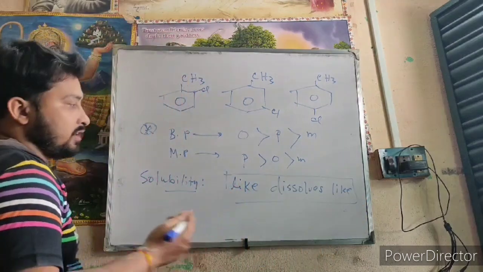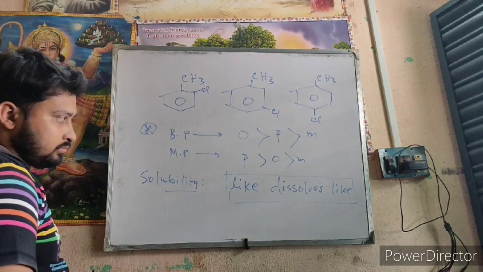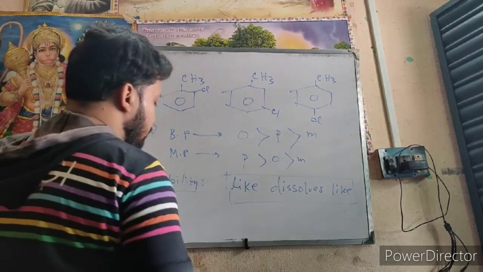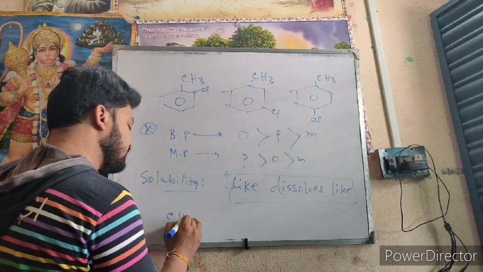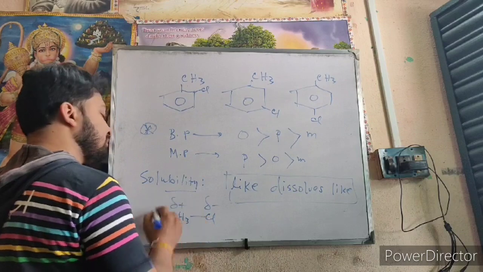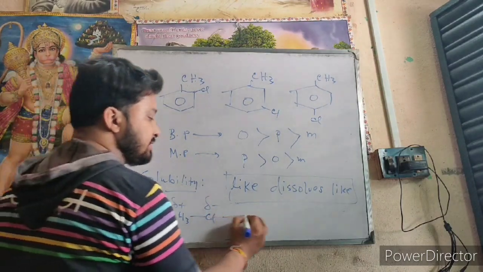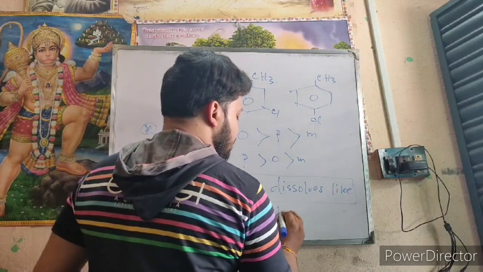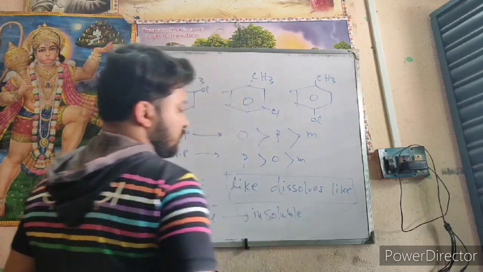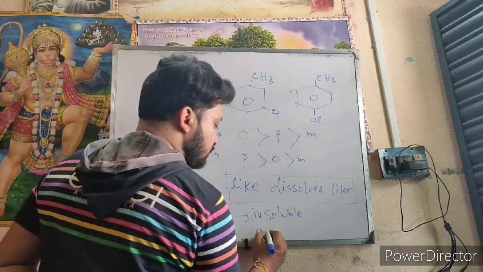But there is a problem. CH3Cl is slightly polar, with a slightly negative and slightly positive end, but it is insoluble in water. Why?